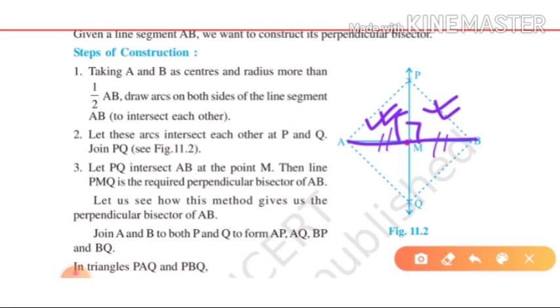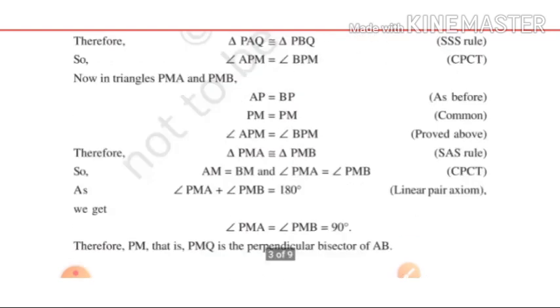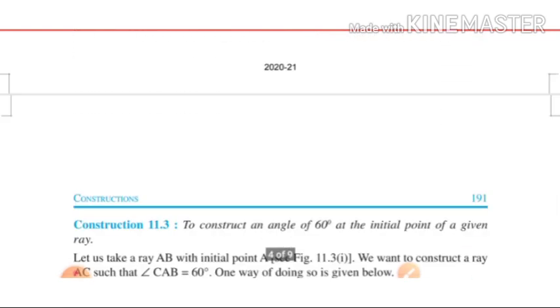It can only be possible if these two angles are right angles, because it is a straight line, so these two angles are equal and can only be 90 degrees. Now M is also the midpoint, and this is 90 degrees. That means it is the perpendicular bisector. So likewise we can draw the perpendicular bisector of any given line segment. The proof is given here.